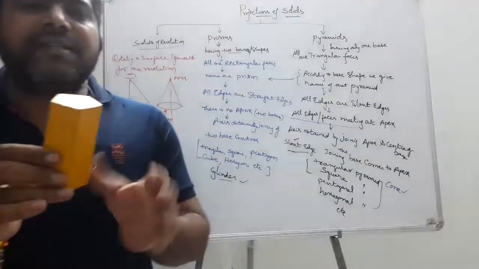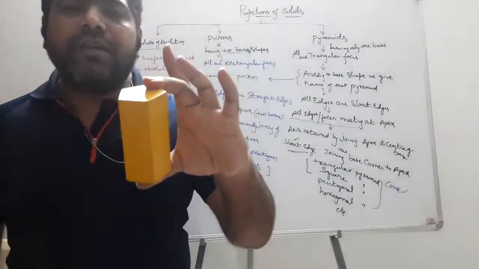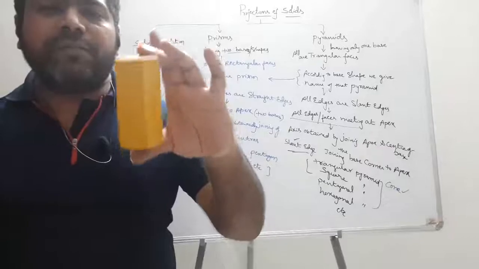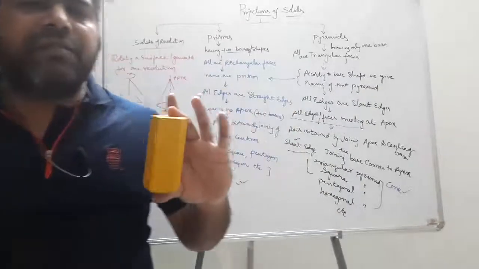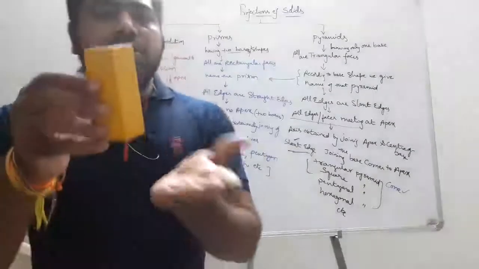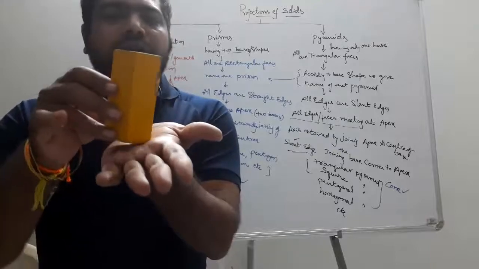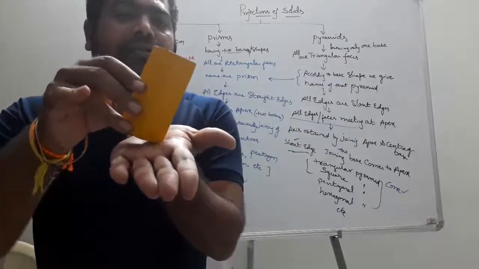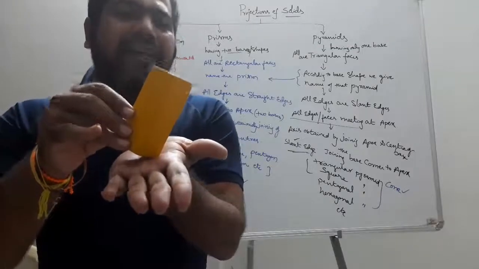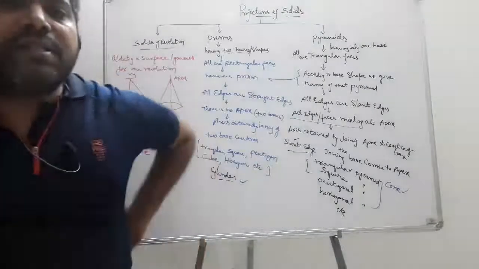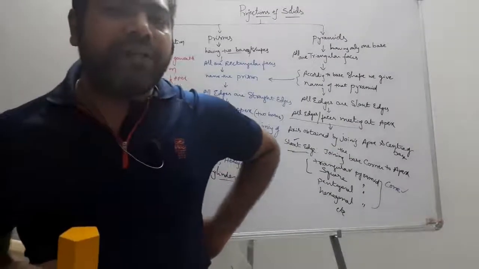Because the axis is the imaginary line which joins the two centers of the bases of the prism, or joins the apex and the center of the base for a pyramid. So if the axis is tilted, the total solid gets inclined.